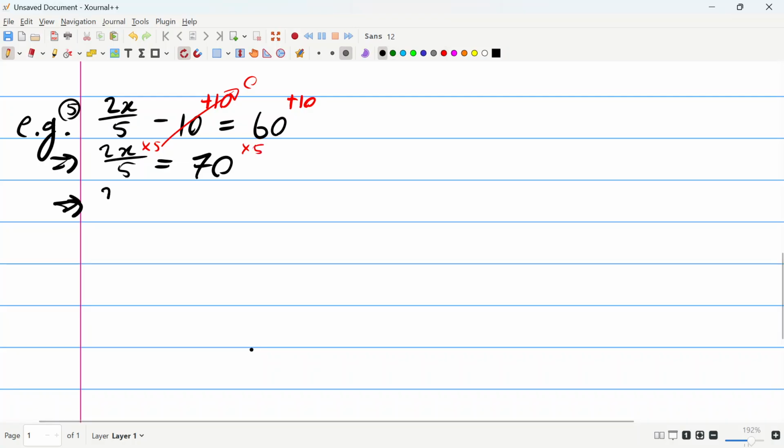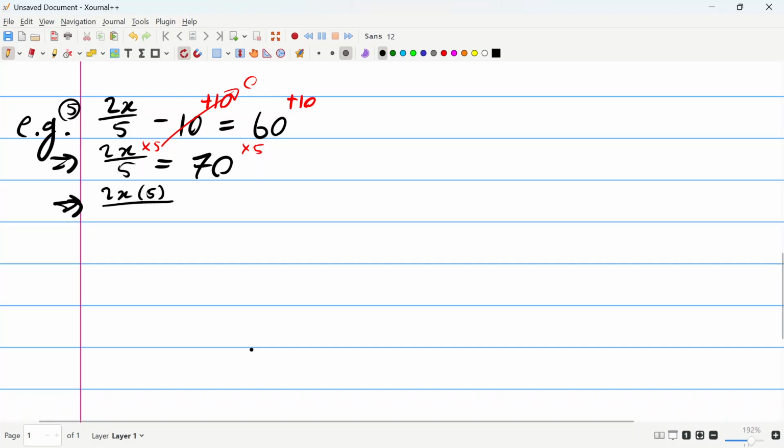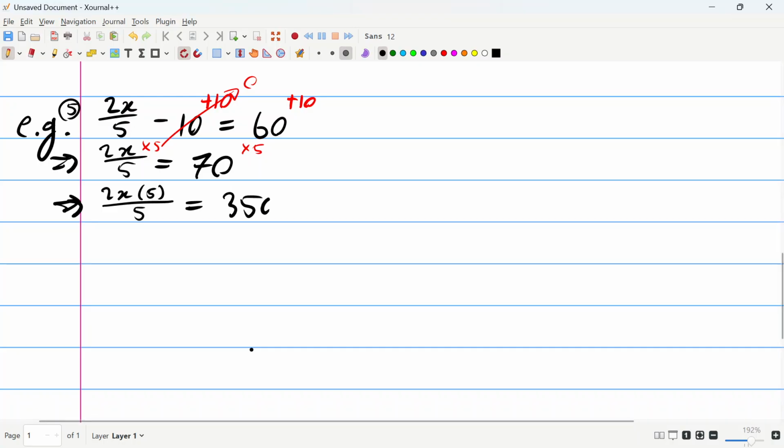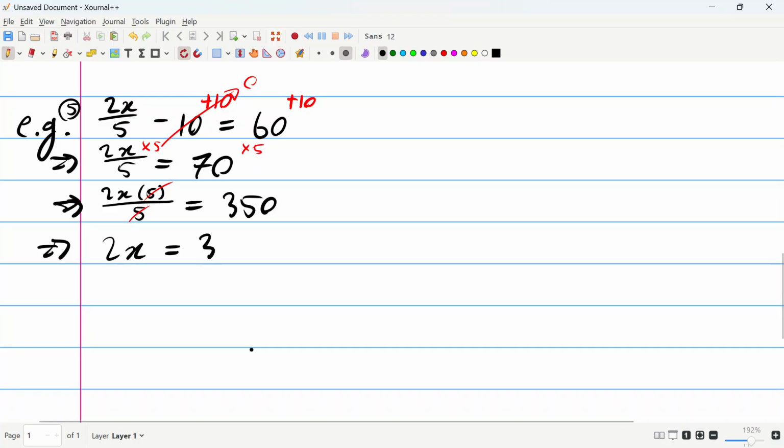So therefore, what we have is 2x multiplied by 5 over 5, which is equal to 70 times 5, which should just give you 350. Okay. So then we can notice that the 5's cancel, and that is why we multiplied both sides by 5. And then what we're left with is 2x is equal to 350.